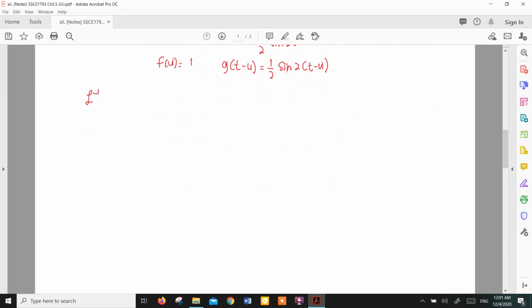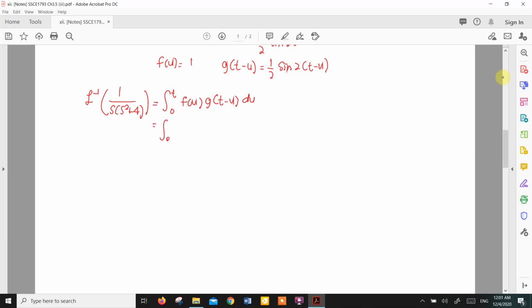So the inverse Laplace of 1 over s squared plus 4 is equal to, from 0 to t, f(u)g(t-u) du.